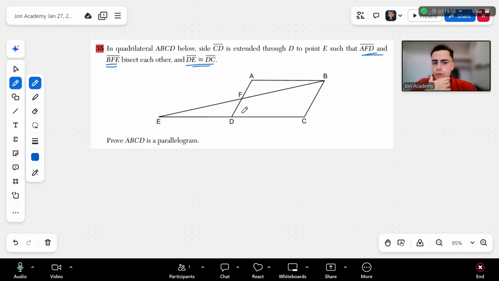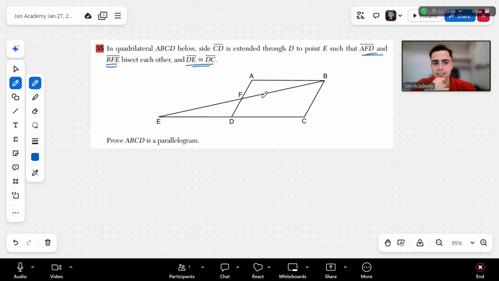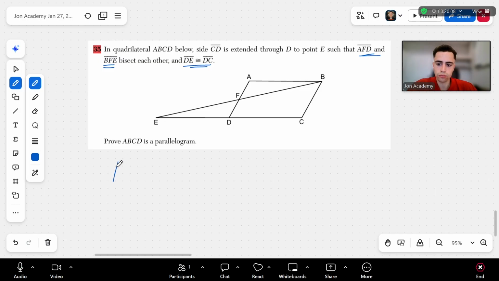First thing we could do here, using the fact that they bisect, we could say, let's say number one, AF is congruent with FD.